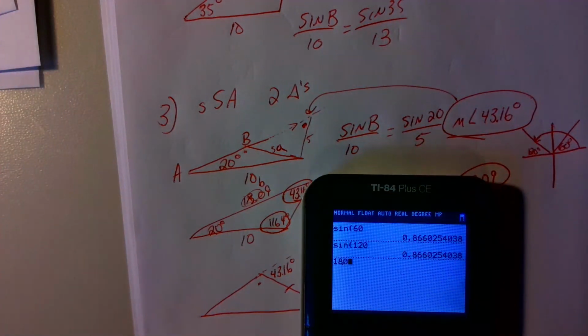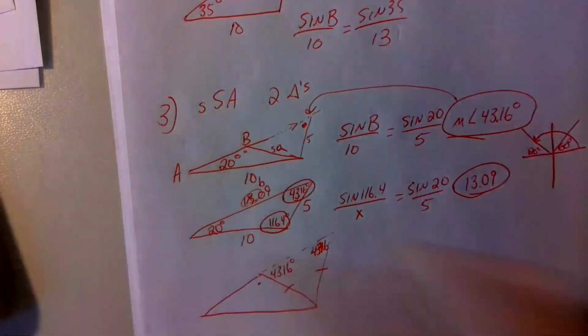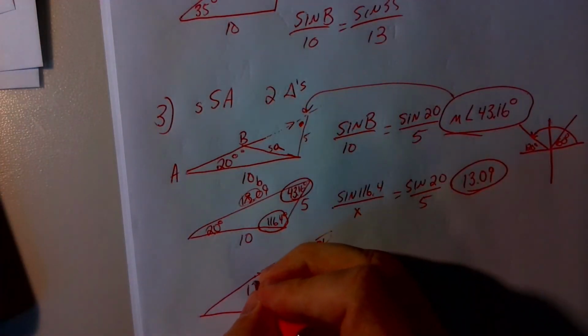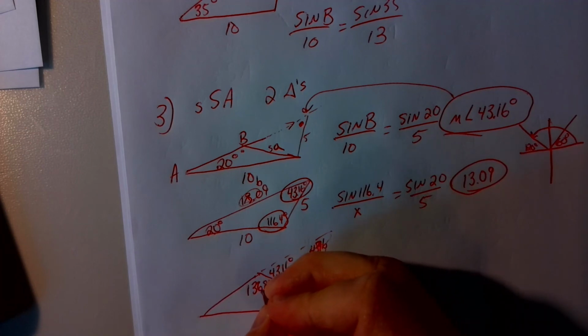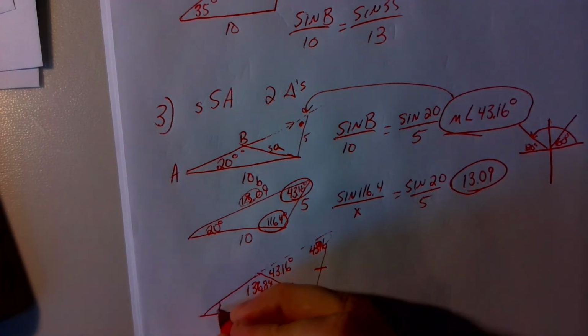So I do 180 minus 43.16, and I get 136.84. So I know that this angle is 136.84. And you're like, whoa, that was kind of weird, right?